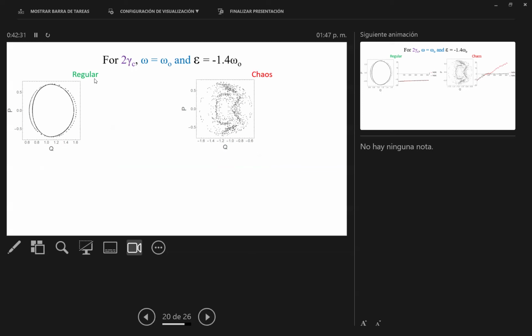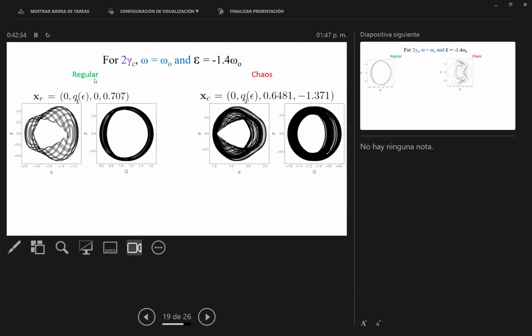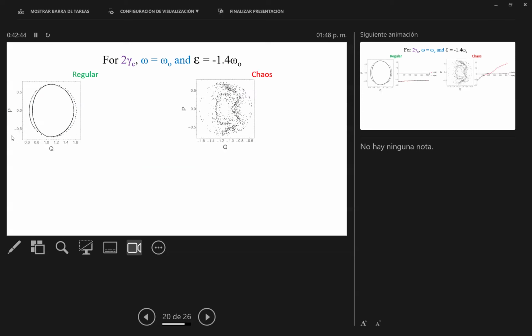Sometimes it's useful if you use only some special points in your orbit. For example, from the previous orbit, I select only the points that satisfy, for example, P0, the small p. And in this projection, I now have a set of points that cross this surface with P0.